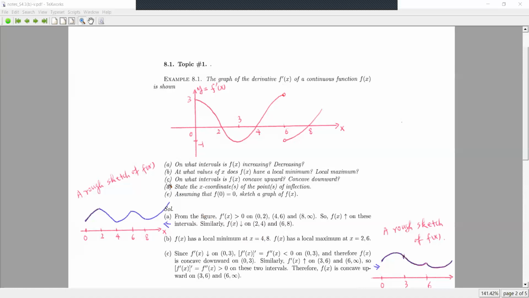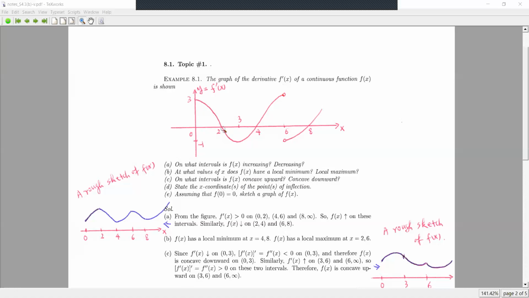Now, part C. On what intervals is the function f concave up and concave down? Okay, now go back to the graph of the derivative. From 0 to 3, this curve is decreasing. So by the increasing, decreasing test, the derivative of this curve is negative because this curve is decreasing.